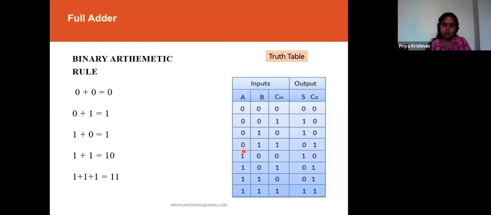If I have two 1s in my input, then 1 plus 1: the sum is 0, carry is 1. And only for the last condition it is 1 plus 1 plus 1. That time the sum is also 1, carry is also 1. It's very easy if you follow this binary arithmetic rule.